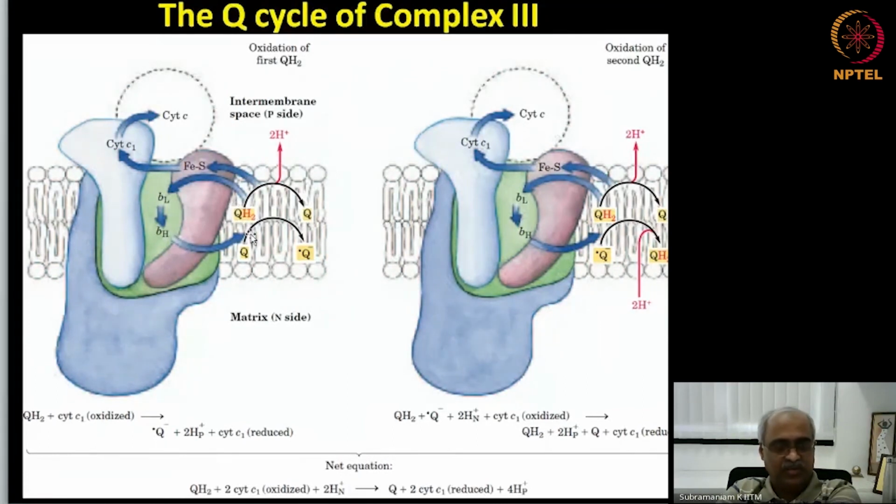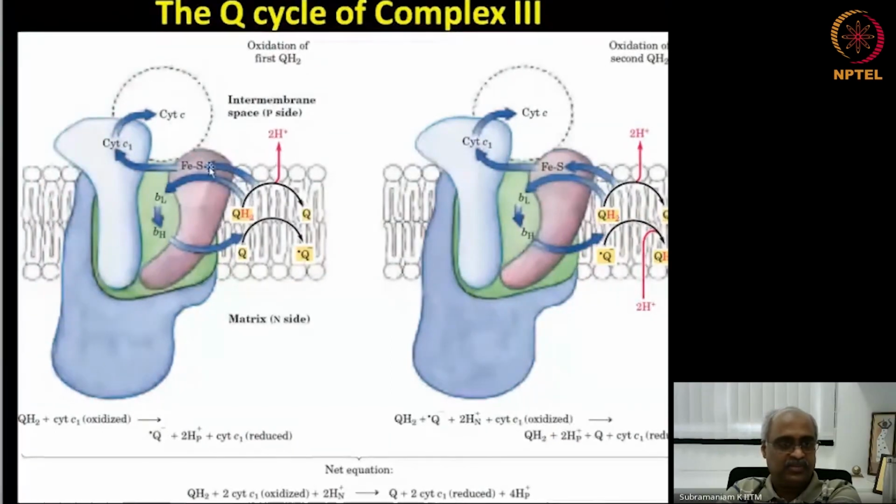Here you have QH2, the first ubiquinol that is going to bind here. From there, one electron, this blue arrow that points, transfers to the iron sulfur center of this Rieske iron sulfur protein, to cytochrome C1 and to cytochrome C. So one electron goes to the ultimate substrate.